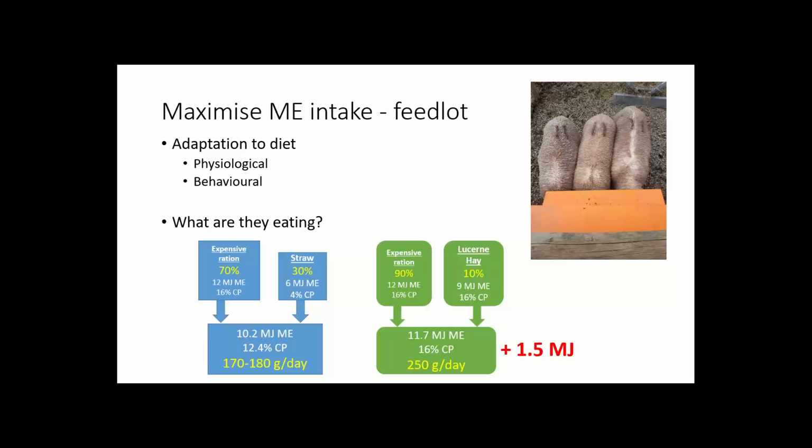I'm mentioning this because I know someone is thinking that they've solved this problem and will just simply remove the fiber source and then the lamb will just eat the high energy ration. But the evidence suggests that feeding no fiber will actually decrease your intake due to that low rumen pH, and it also puts the lambs at serious risk of acidosis, which will make them less efficient at digesting their feed. So the current recommendation is at least 10% fiber inclusion in the diet.